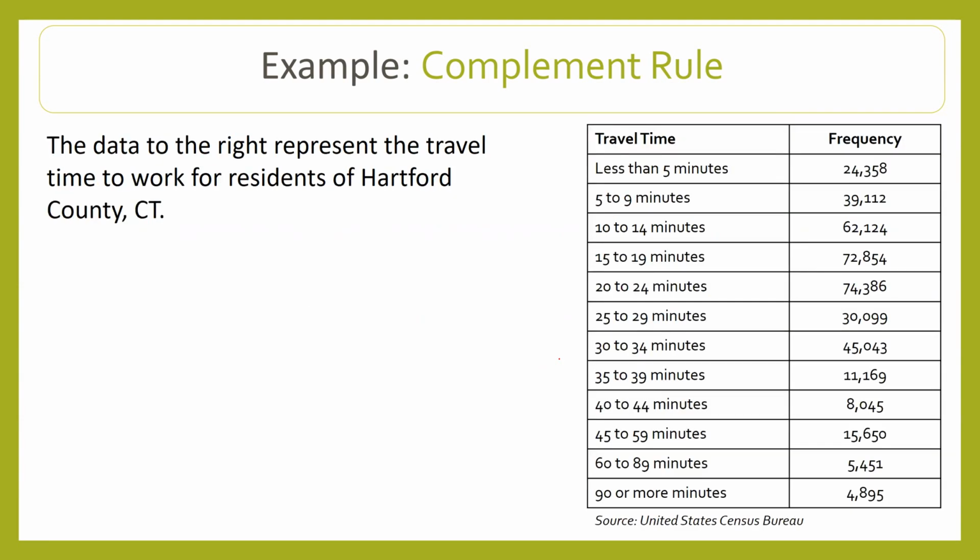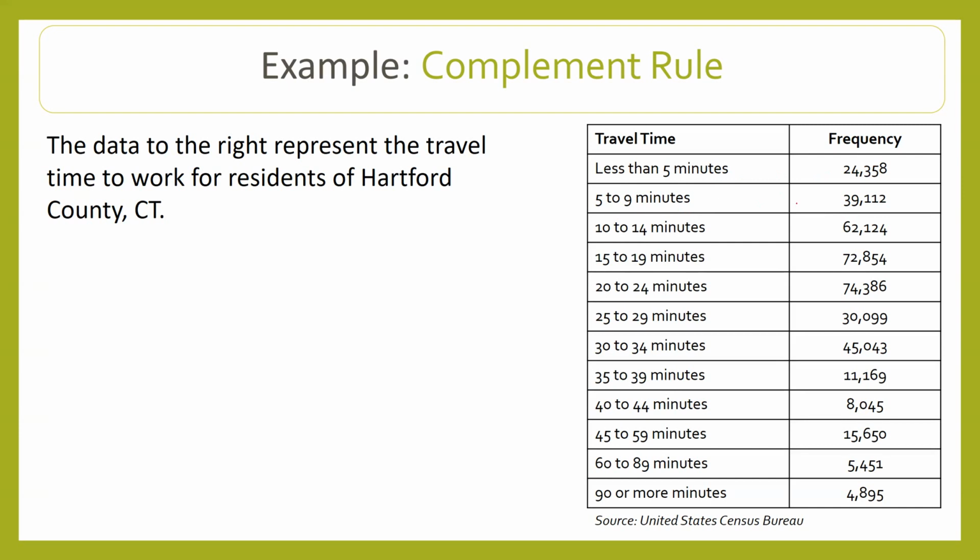All right, so another example here. The data to the right represent the travel time to work for residents of Hartford County. So people who live in Hartford County are working. The travel time to work is given in the table. Okay, so less than 5 minutes, people who travel to work less than 5 minutes, they are 24,000 plus.